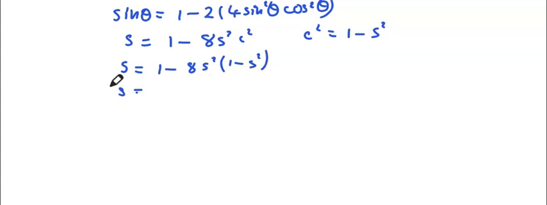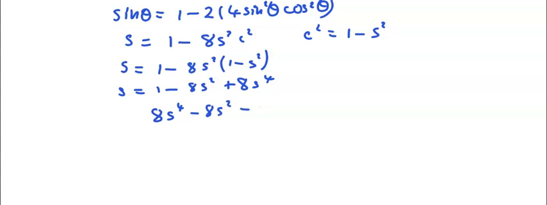So that S equals 1 minus 8s squared plus 8s to the power of 4. So eventually 8s to the power of 4 minus 8s squared minus s plus 1 equals 0.